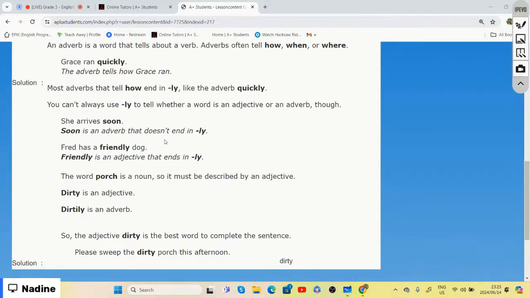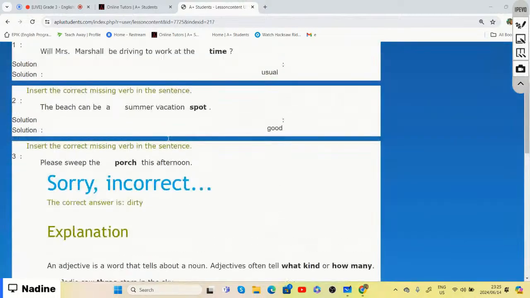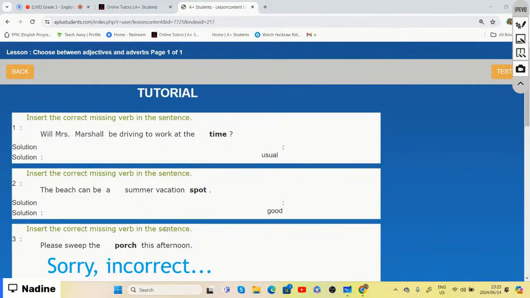All right. Okay, so before we go on to our test, it says, will Mrs. Marshall be driving to work at the usual time? If we say usual time, so we will say at the usual time.